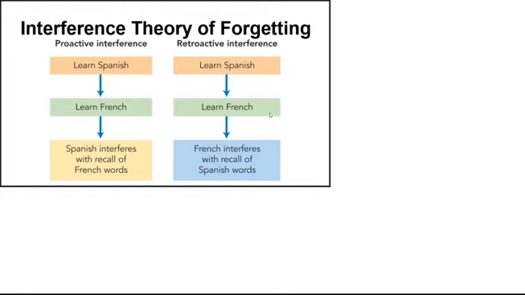So maybe with retroactive learning, you learn Spanish, then you learn French, and the fact that you've learned something new makes it really hard for you to remember stuff that you knew before. So because French is more fresh in your mind, it gets in the way. So when you're trying to remember the Spanish word for a house, the French one is going to pop to the front of your mind, and you kind of can't get around it.